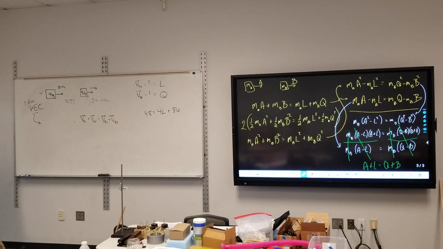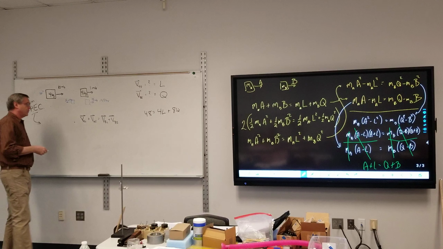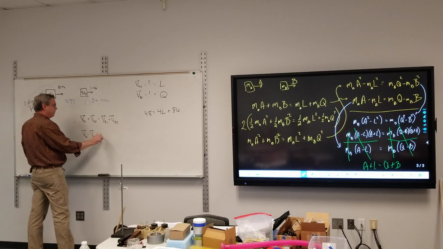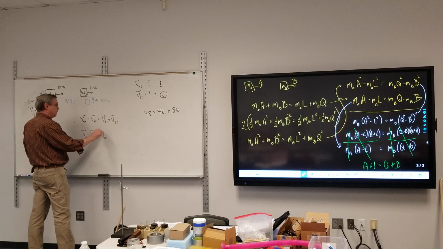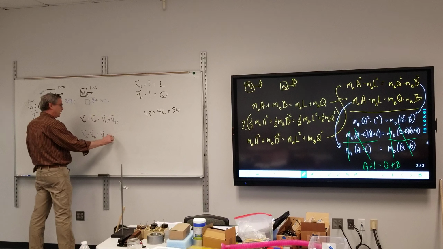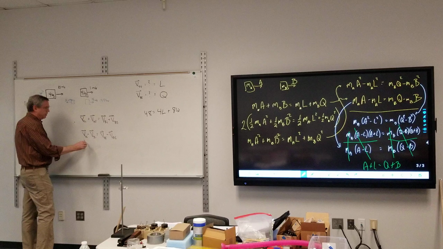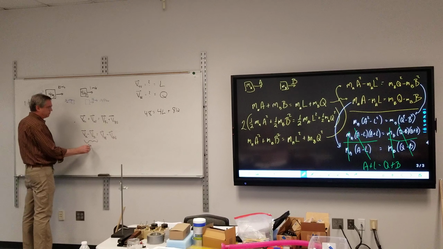This is the way that I remembered for years. Getting the initials together, I have VA initial minus VB initial is equal to VB final minus VA final. That's the more traditional way of writing it. This is known as the relative speed of approach.